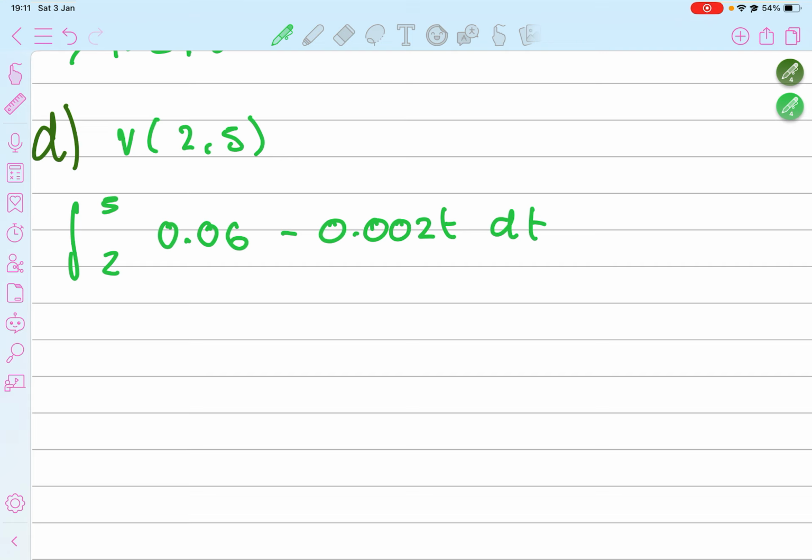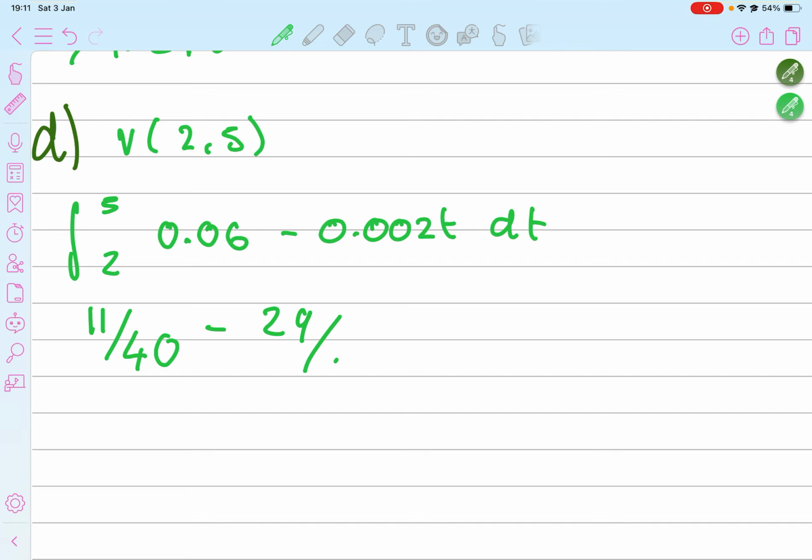5 minus 0.002. No, 0.1, 5 squared. So this is 11 over 40 minus... I just got the second wrong.